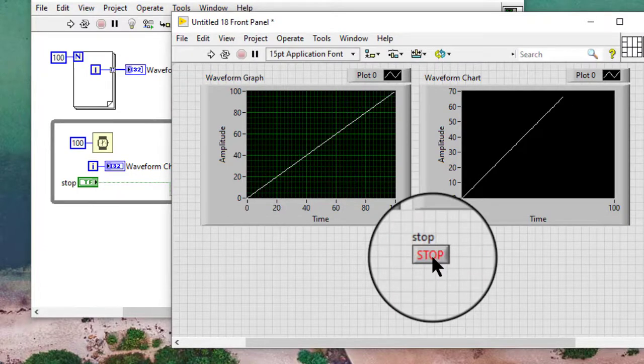Charts are best for slow processes that only plot a few data points per second.